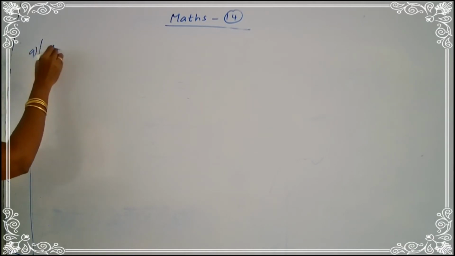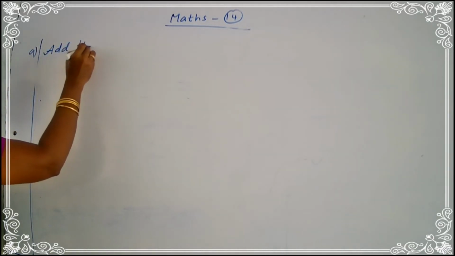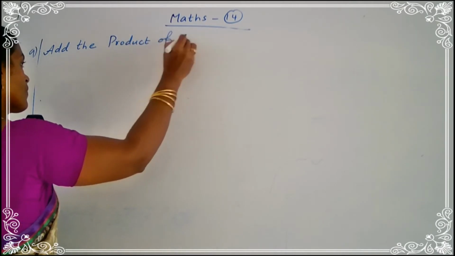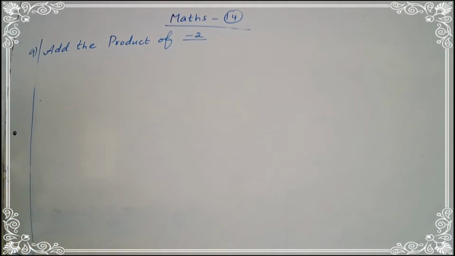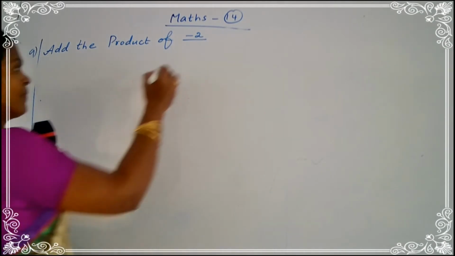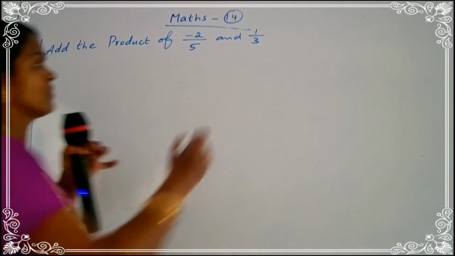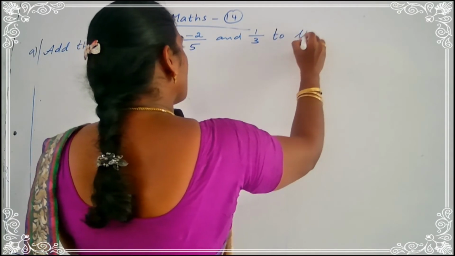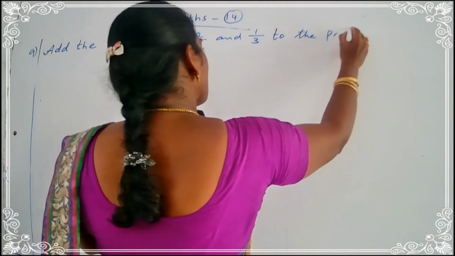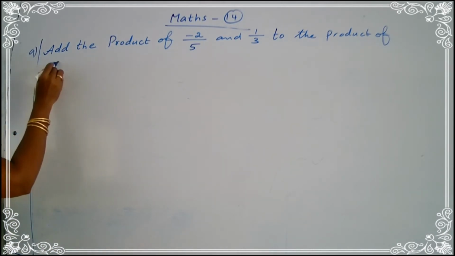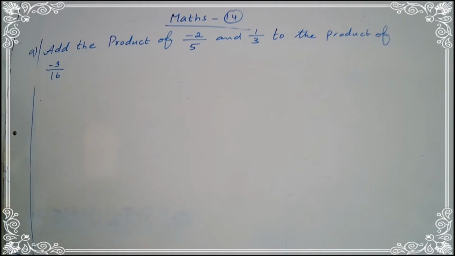Ninth one. Add the product of minus 2 upon 5 and 1 upon 3 to the product of 3 upon 16 and 4 upon minus 15.